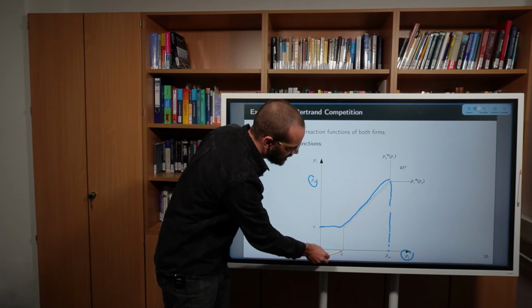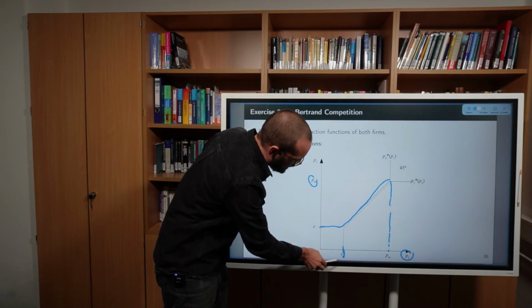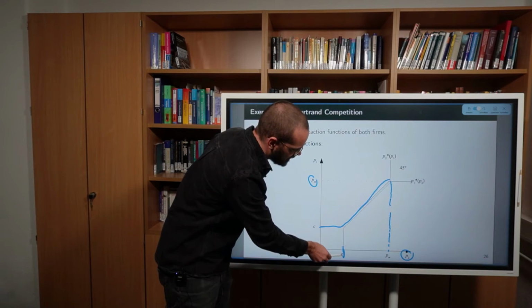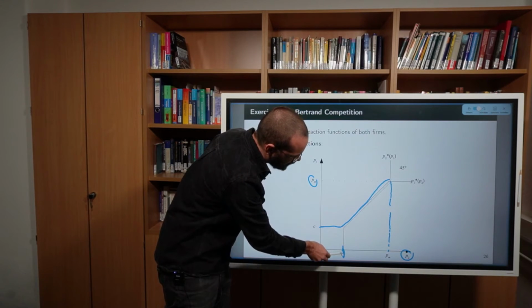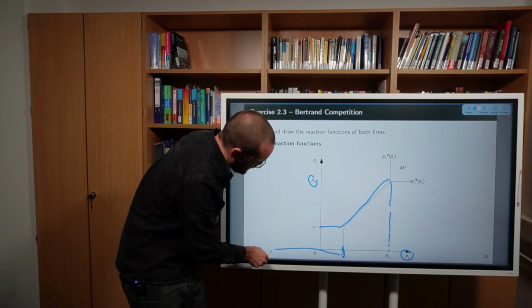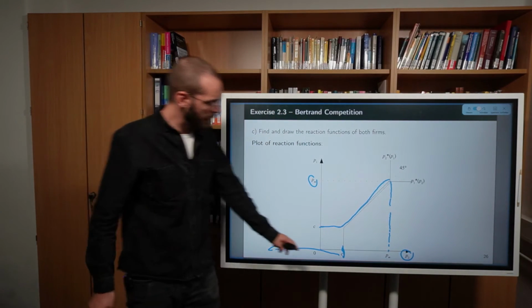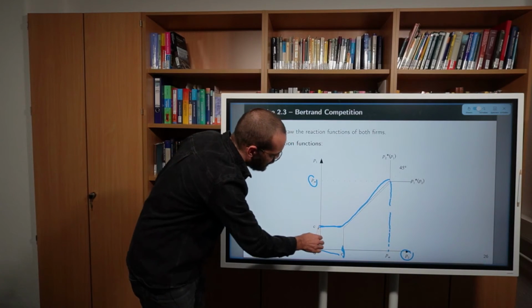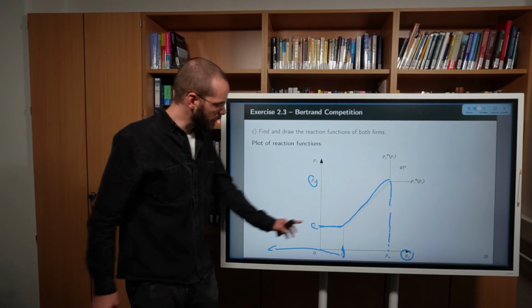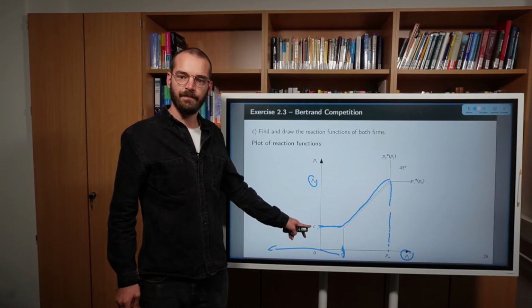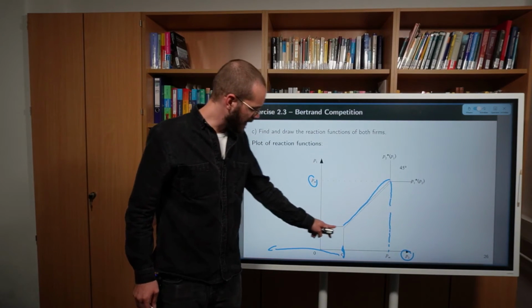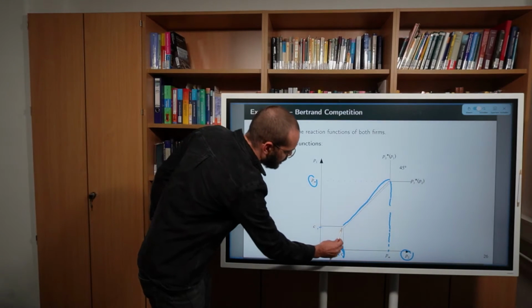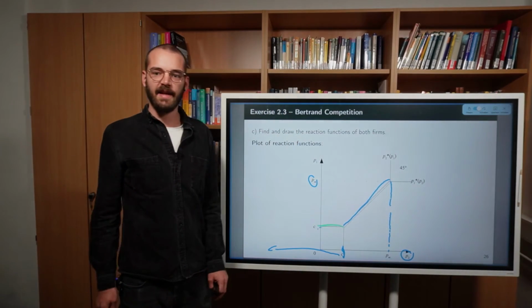What we will see is that there's the marginal costs at this point, and for any price for firm 2 that is lower than the marginal costs, it is still profit maximizing for firm 1 to set a price equal to the marginal costs right here, which is again why this section becomes horizontal again, right?